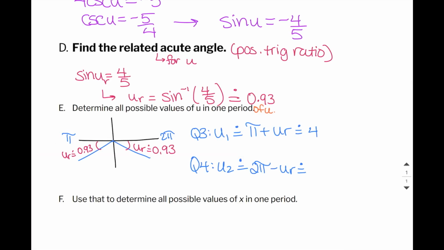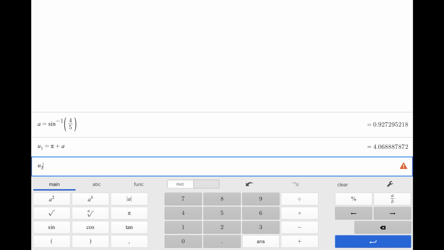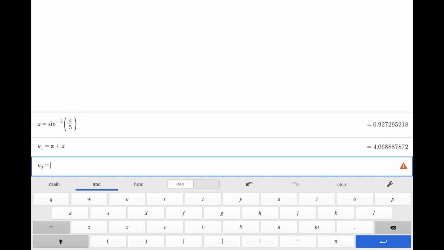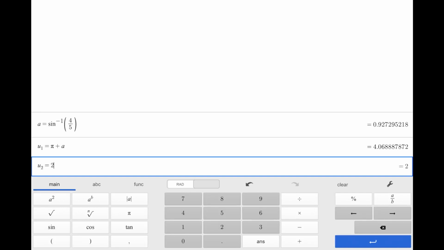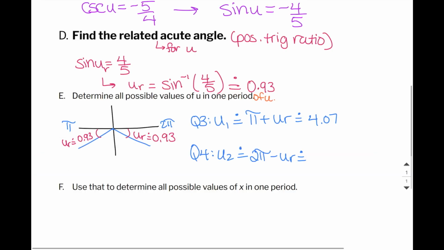Let's do the same thing for u sub 2. U2 is going to be equal to 2 pi minus a, or minus our related acute angle, so it's about 5.36. I have these values stored in my calculator because this is going to be helpful when I'm ready to do some calculations with these values.